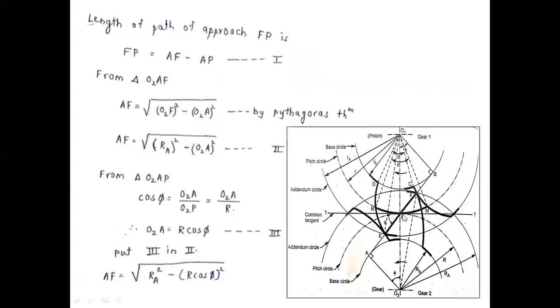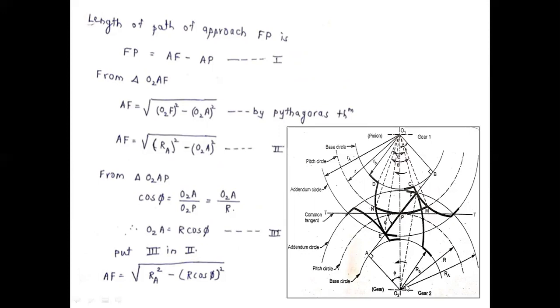So for finding PF, we are considering triangle O2AF. First of all, we are finding AF from this triangle.